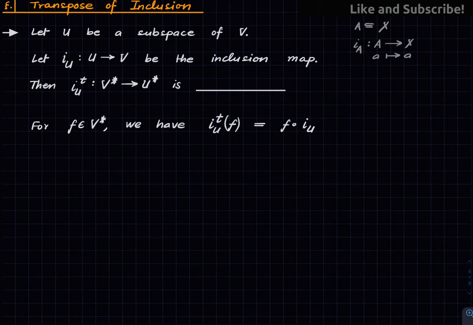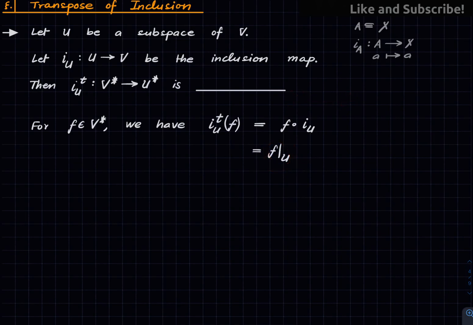But this is nothing but the restriction of F on U. So F is a map from V to the base field, but this is as good as the restriction of the map F to U. U is in particular a subset of V, so you can restrict a function on V to the subset U, and you denote it this way.